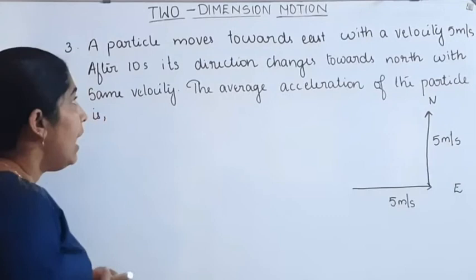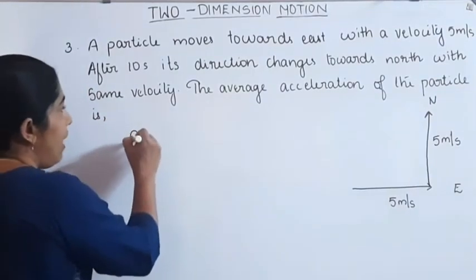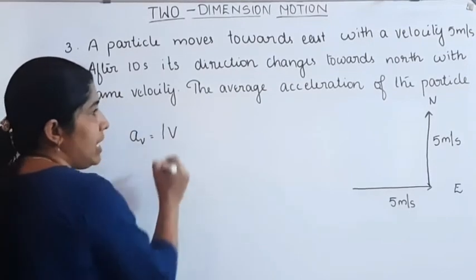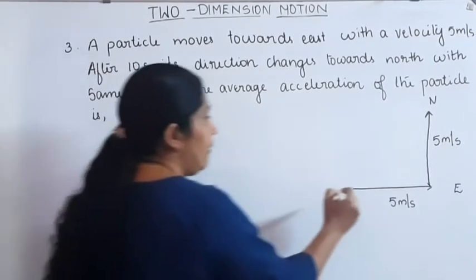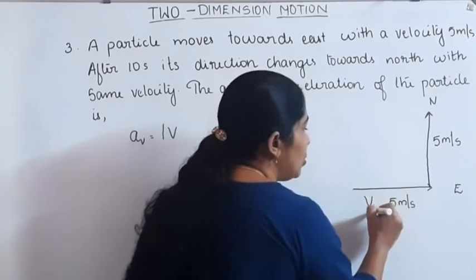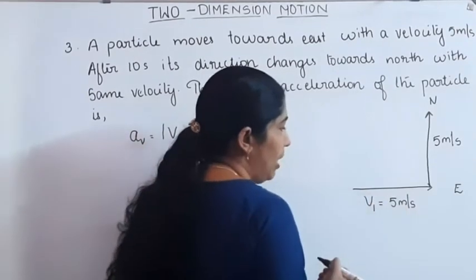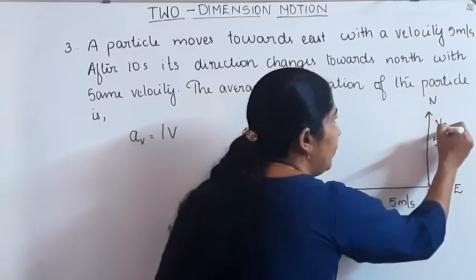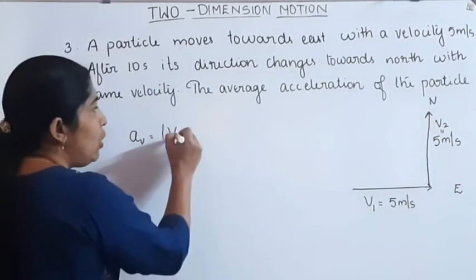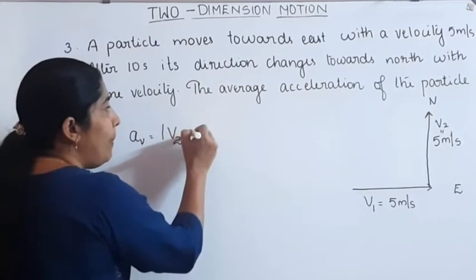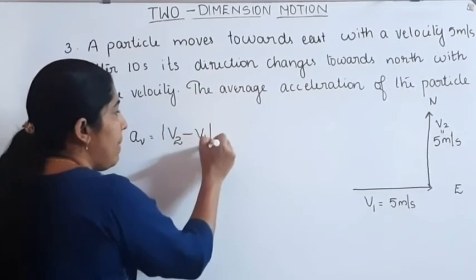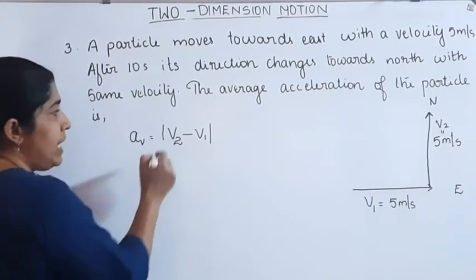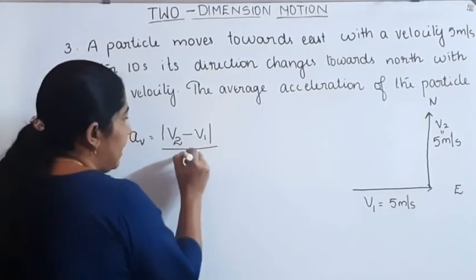Here, average acceleration is equal to change in velocity divided by time. If the velocity towards east is taken as v1 and towards north is taken as v2, then change in velocity is equal to v2 minus v1. The magnitude of v2 minus v1 is the change in velocity, divided by time t.